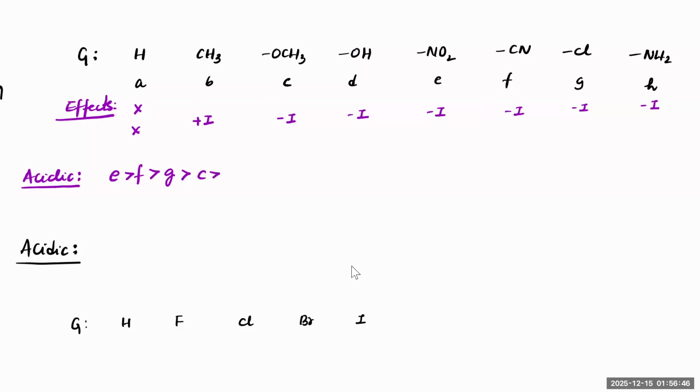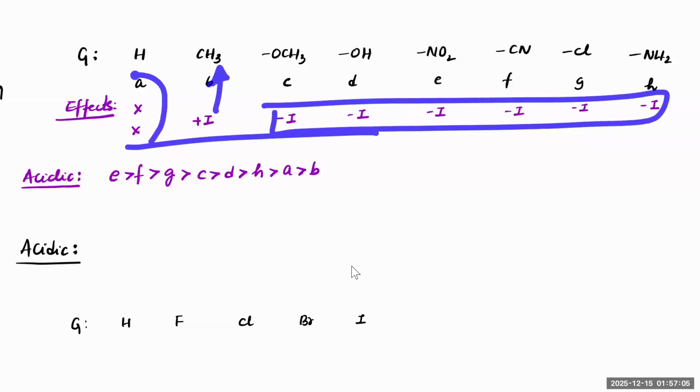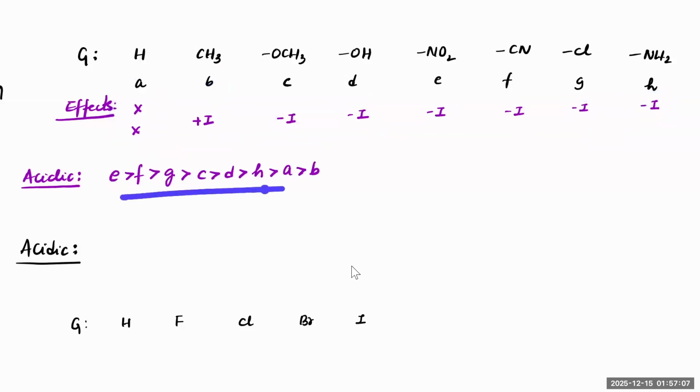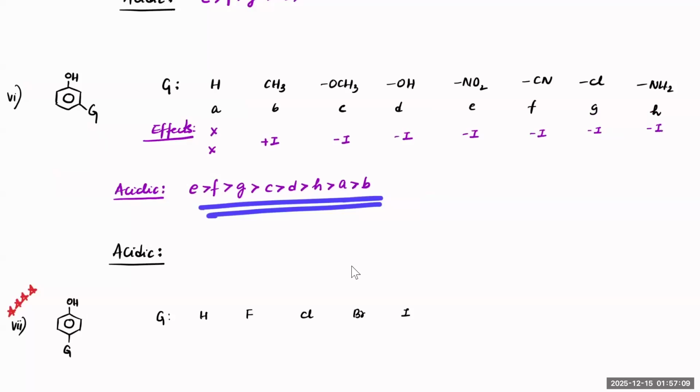So C is greater than D. And then comes H. H has only minus I as well. And the last come A and B. Sorry, first A, then B, because B is in fact donating. The rest are all withdrawing. Hydrogen is neutral. So this should be the acidic strength.